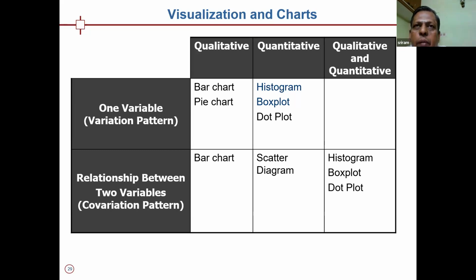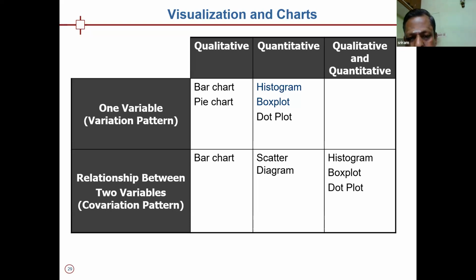Diabetic or non-diabetic is a qualitative outcome variable. Living place, rural or urban, is also qualitative. If you consider living place a risk factor and presence or absence of the disease an outcome, and you want to see the relationship, a covariation pattern, you have to use a bar chart.